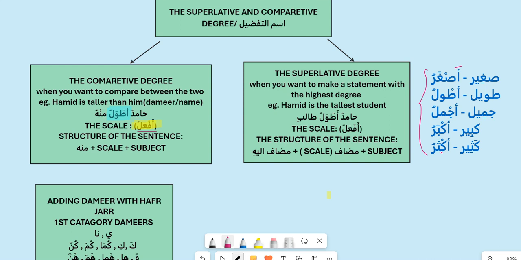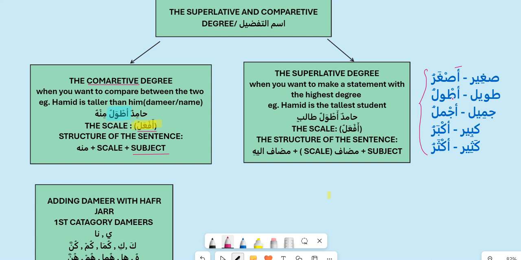So now let's check. First of all, we will do the comparative ones. So when you do the comparative in a sentence, what structure are you following in the sentence? You will follow the subject, then the scale of af'alu, the noun you are making: atwalu or asgharu or ajmalu or akbaru or aktharu.